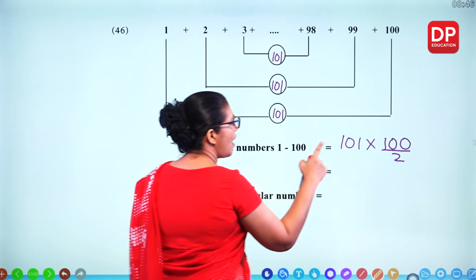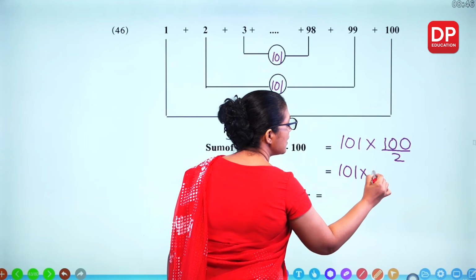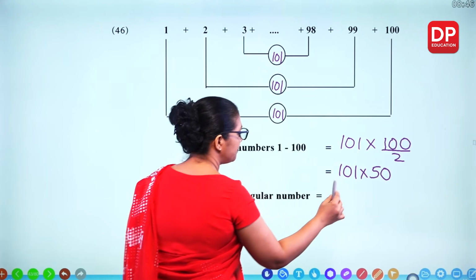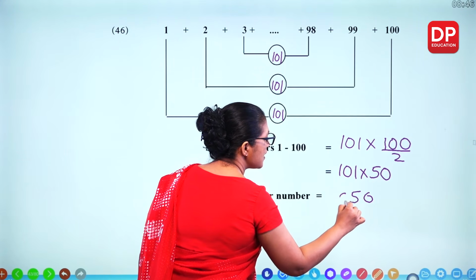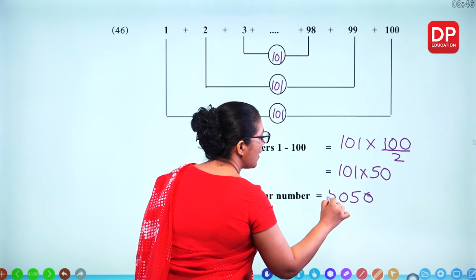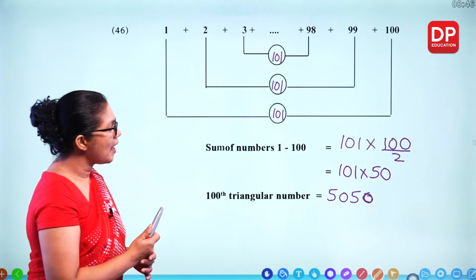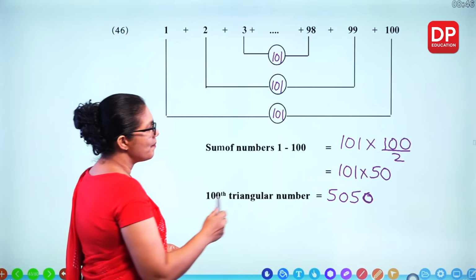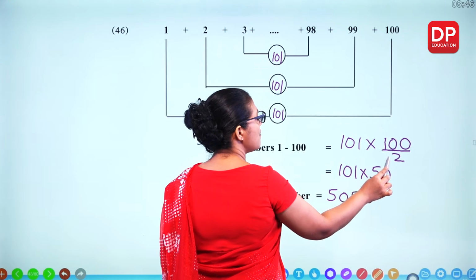So 100 into 50. So 101 into 50. So what's that number? 5 times 1, 5, 0, 5. So the 100th triangular number, you can get it from 100 into 101 divided by 2.